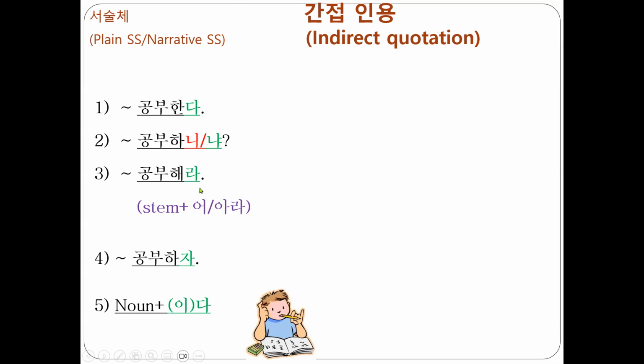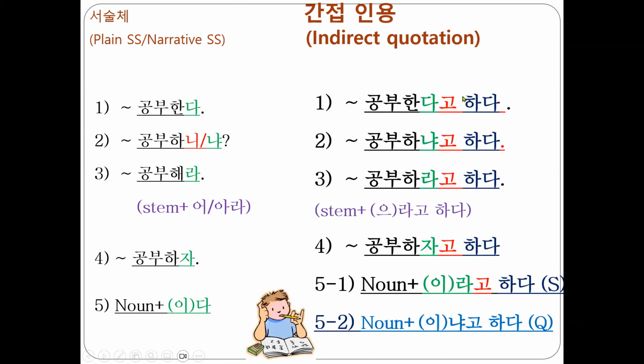At the end of this, we add the quotation suffix 고 and 하다, that means say. By adding this 고 하다 to the end of the plain speech style's ending form, it means someone says, they say, some source informs that, blah, blah.